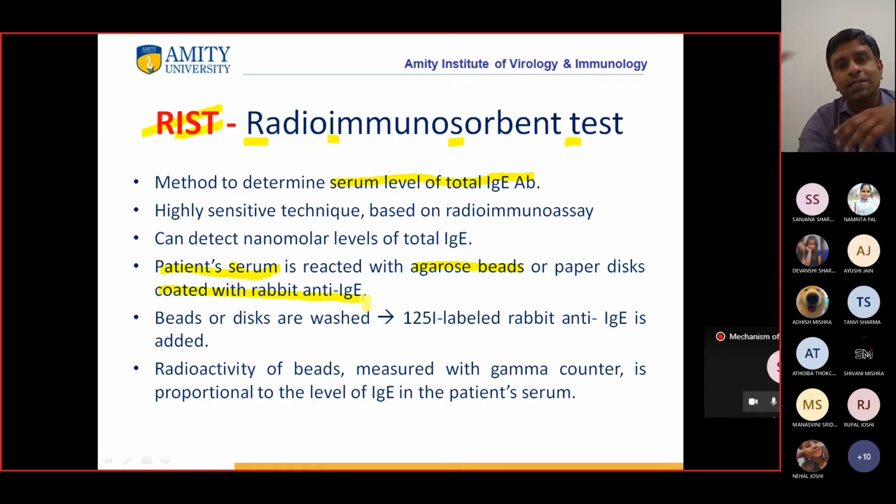Anti-IgE मतलब IgE के against antibody, right? Those beads or discs are washed, and then 125 iodine labeled rabbit anti-IgE is added. Okay, don't worry, I'll just show you the picture to explain this. Radioactivity of beads is then measured in the gamma counter. Okay, and it is proportional to the level of IgE in the patient serum.